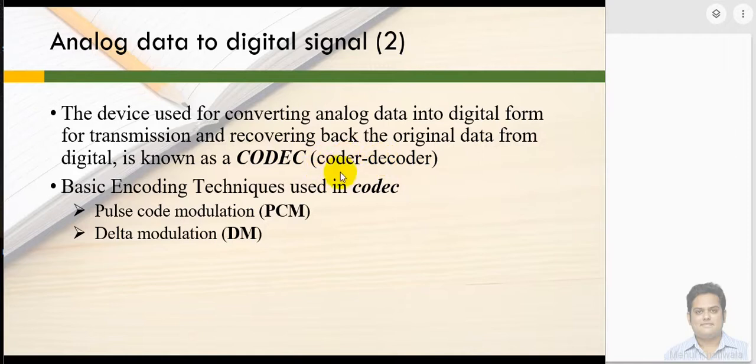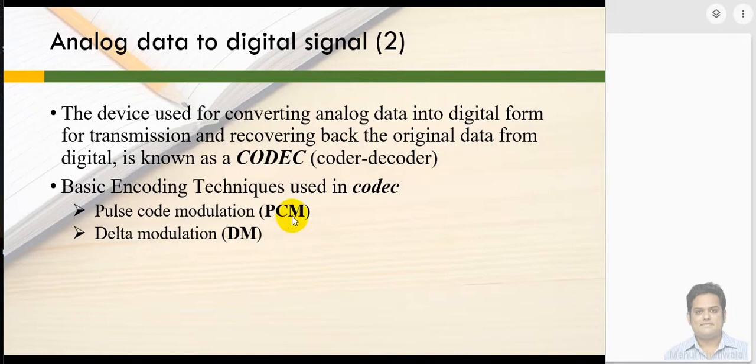You are just going to perform the coder at the transmitter side and you are going to perform the decoder circuit at the receiver end. That is the main idea behind this, and the two techniques which we are going to use for the same purpose are pulse code modulation and delta modulation. These are the two basic techniques we need to see, and they are very easy to understand.